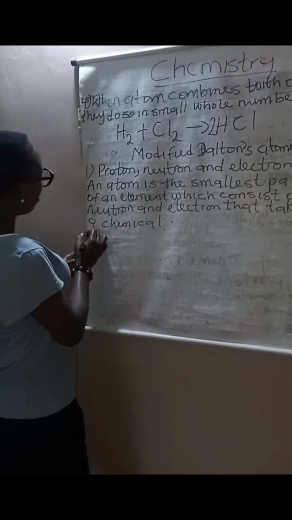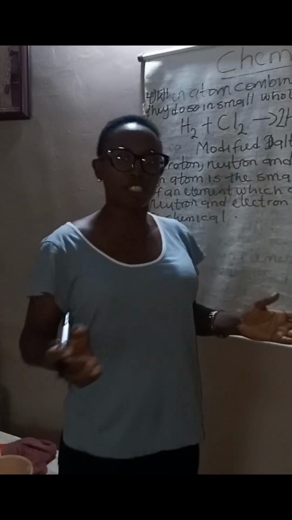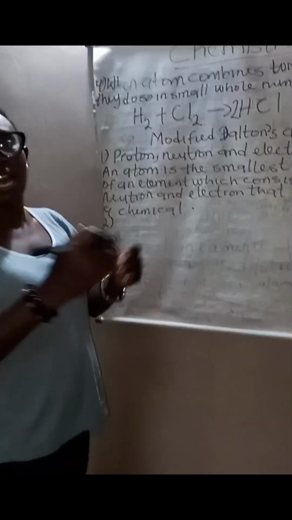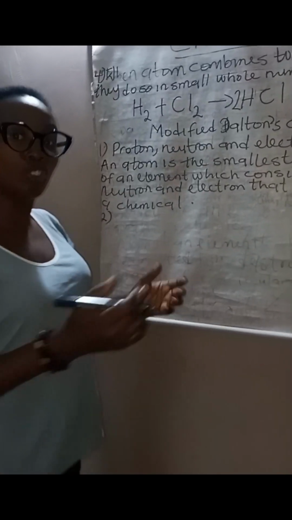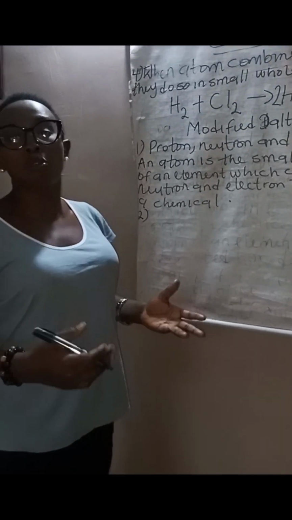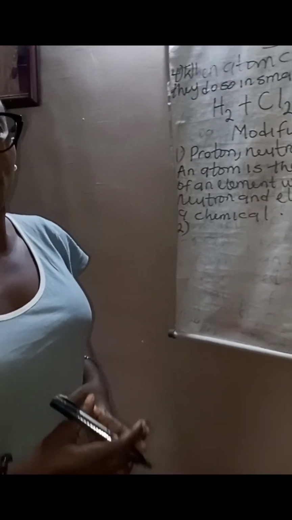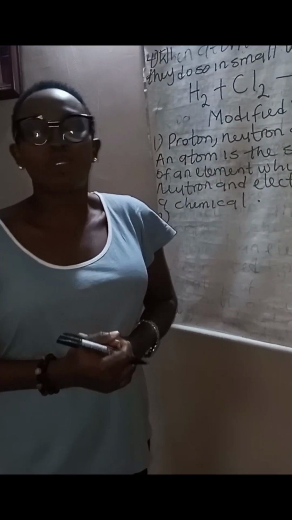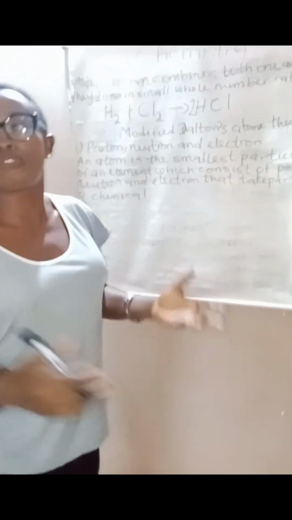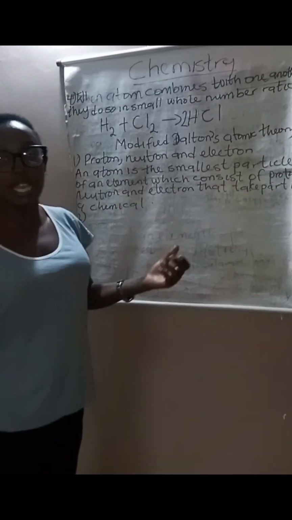Now, he discovered during nuclear reaction that the theory which says atoms can neither be created nor destroyed could be challenged. It was discovered that during bombardment with some particles, atoms of an element can be broken down to form another element with the emission of heat.